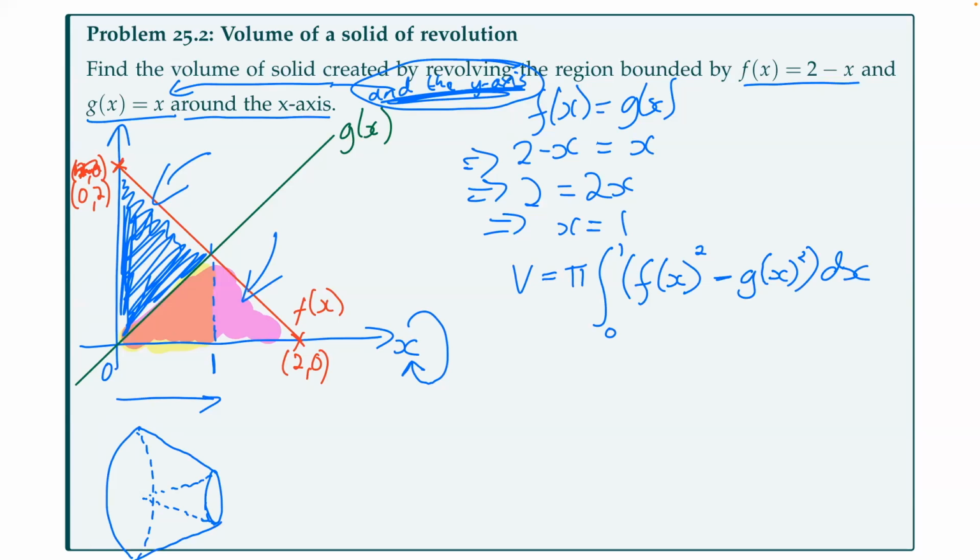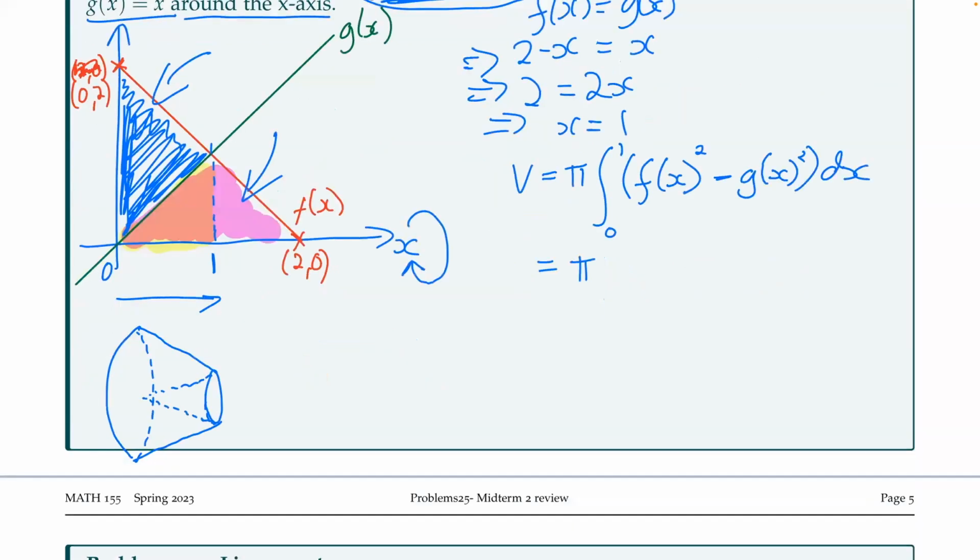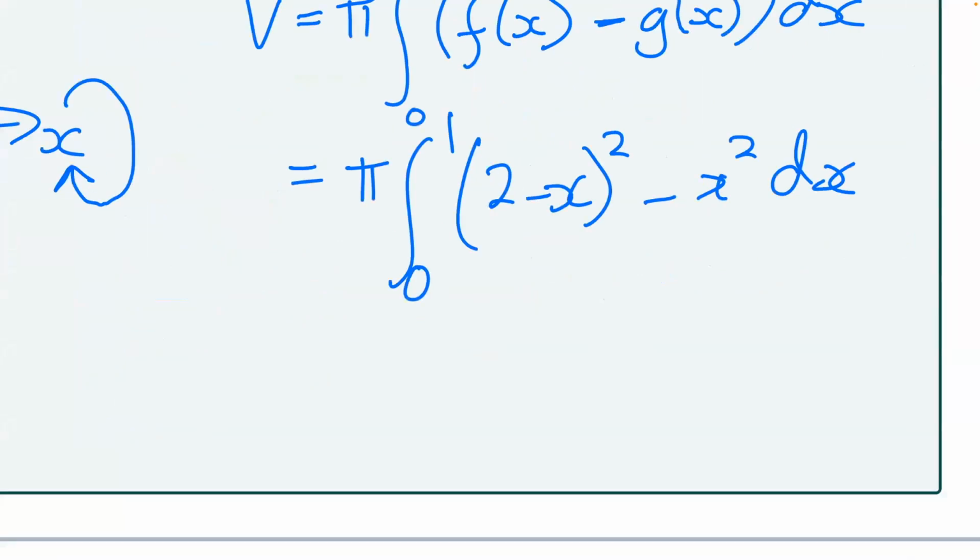Okay, so you should have got pi times the integral of f of x squared, which is going to be 2 minus x squared. G of x squared is just going to be x squared. So if you expand that bracket, you'll get 4 minus 4x plus x squared.